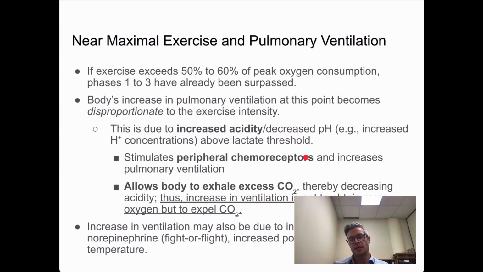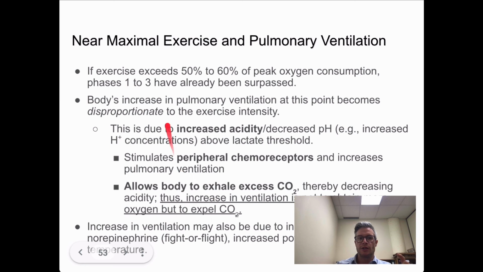To put it in clearer context, we're not in an aerobic zone anymore. We're not purely relying on aerobic respiration to meet our needs. We are now adding in anaerobic respiration, which increases a lot more of these byproducts.